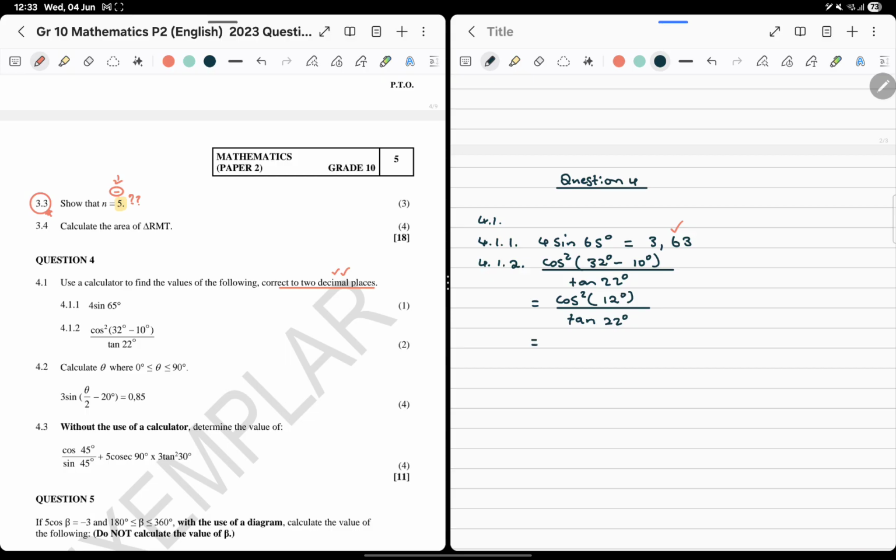So this is going to be equal to, we just punch it on the calculator, so it just goes straight to this. Then in brackets, cos 12 degrees. And we need to square that, divided by 22 degrees. What do we get? We get 2.37 as the answer.